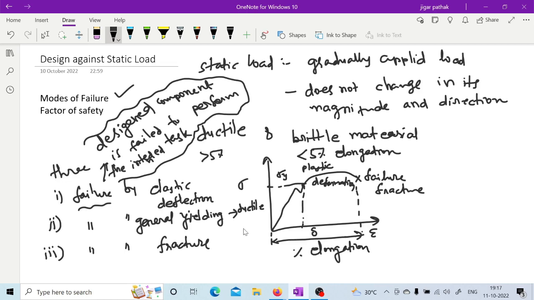Okay, sir. So in ductile material this general yielding will be there, and in brittle material, sir, if it is elastic deflection, do we consider it as failure because the shape will be regained, right? Shape will be regained, but in that case also, the designed transmission ratio of the shaft matters.